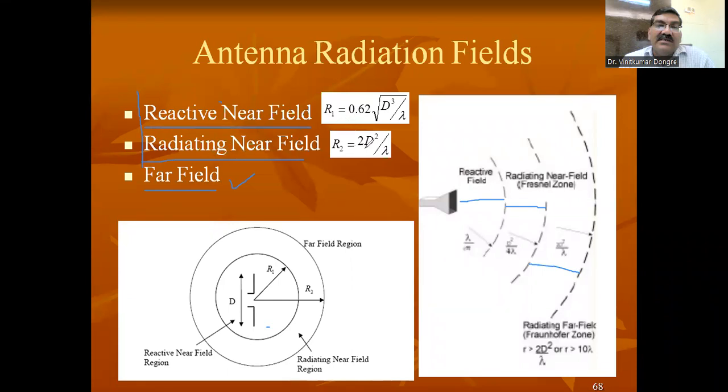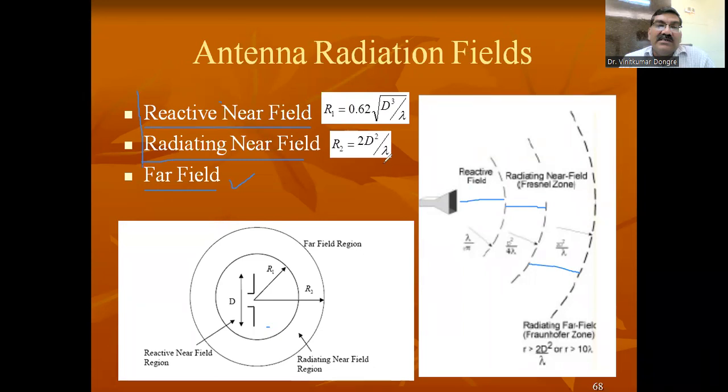The radiating near field is 2D square by lambda. D is the maximum dimension. For this antenna, the maximum dimension is 10 centimeter. So 10 square is 100, times 2 is 200. So 200 by lambda.